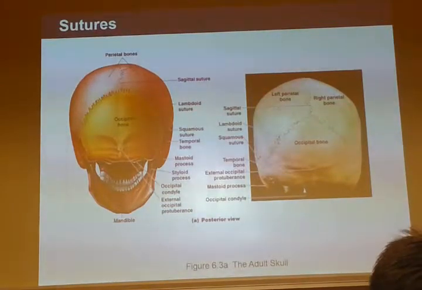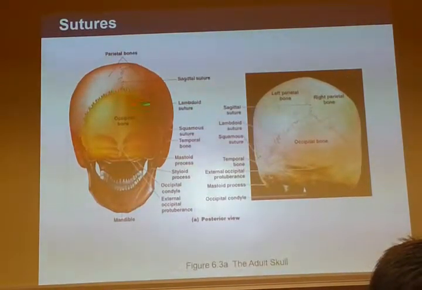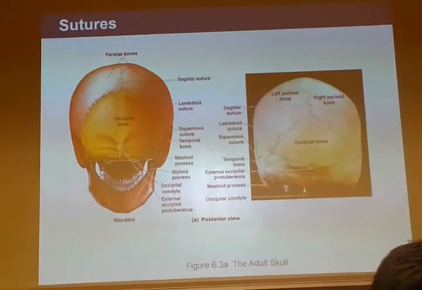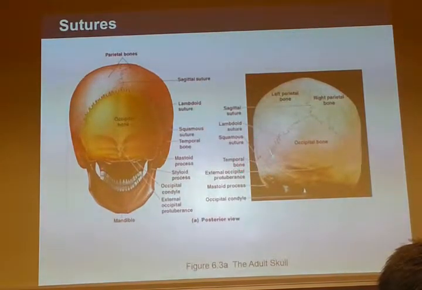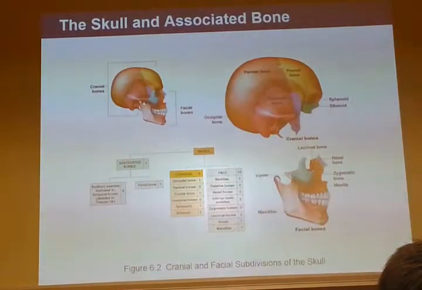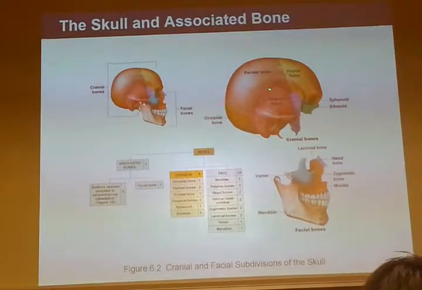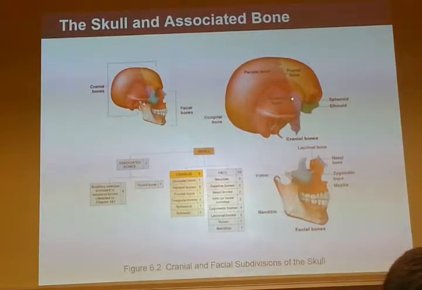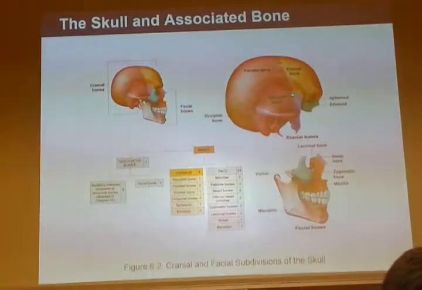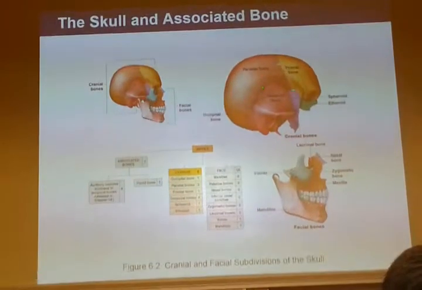The lambdoidal suture is formed by your parietal bones and your occipital bone. Sagittal suture by your two parietal bones. The squamous suture that you see here, you come back to the temporal bone, the flat part of the temporal bone and the parietal bone are forming that squamous suture.